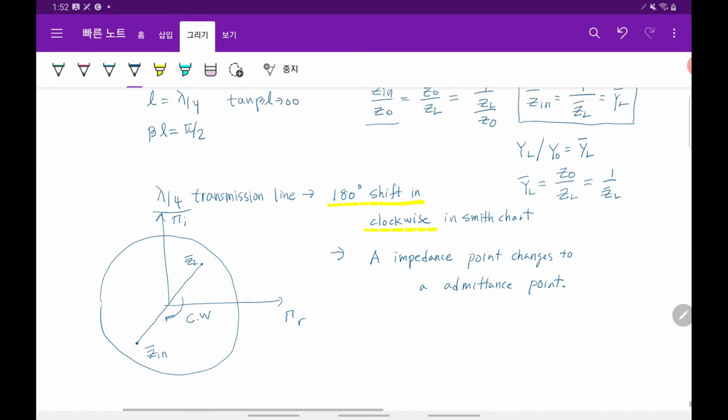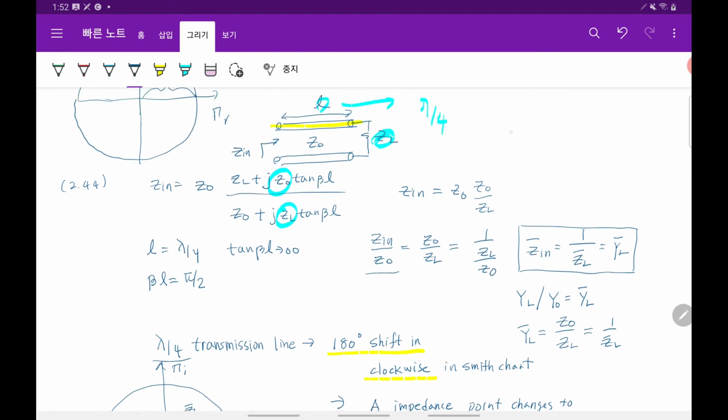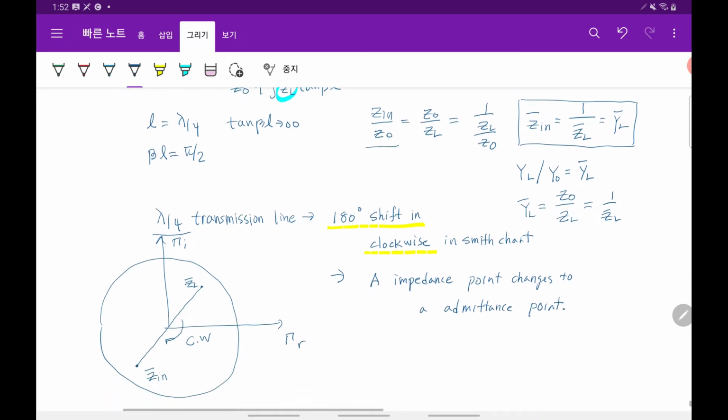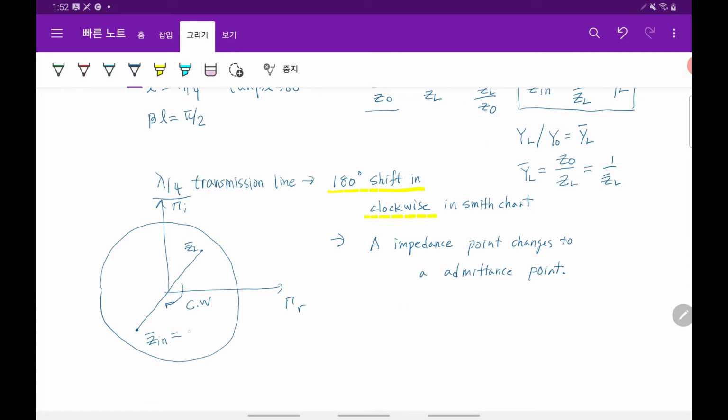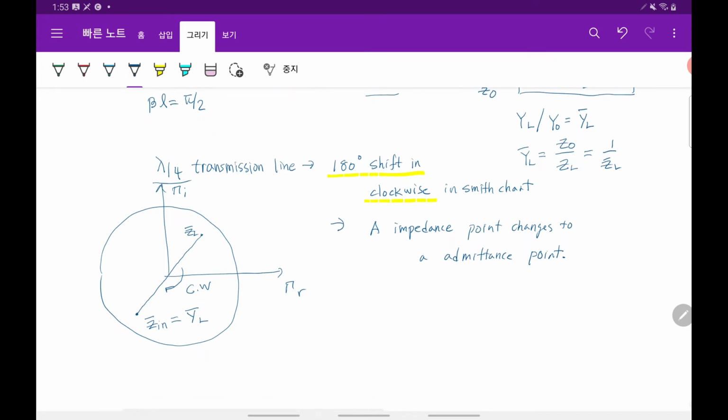But when this length is lambda over 4, normalized Zin becomes YL, so this is the admittance of ZL. This is the meaning of the admittance chart.